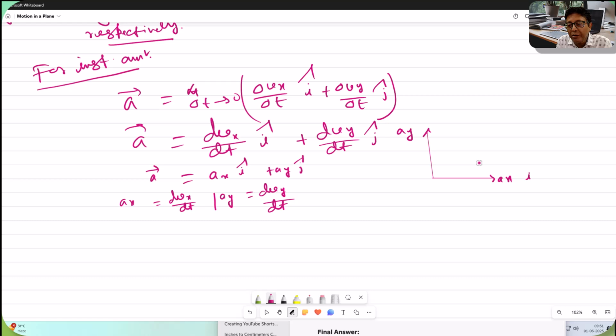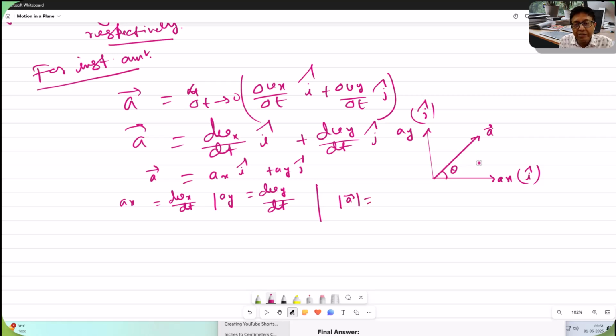Ax is along x-axis, i cap here, y-axis j cap here, and this is A. Let this angle be theta. Then what is the value of mod A?